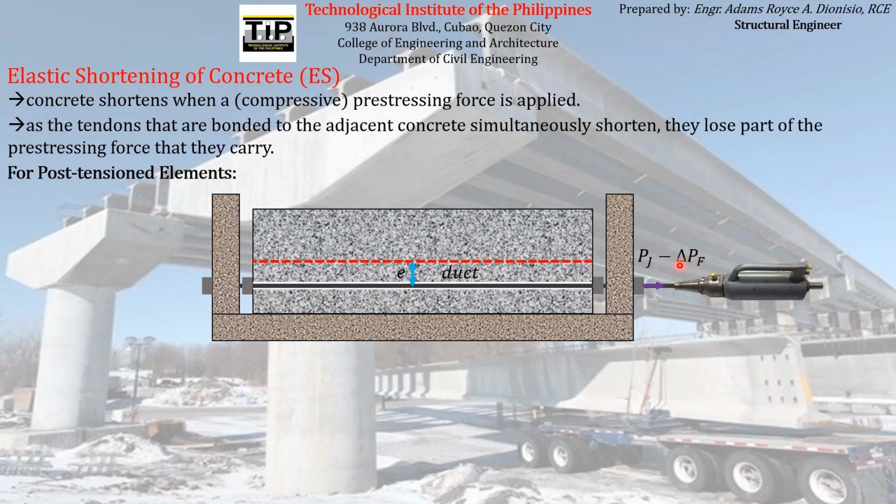along with that pre-stress loss, at this particular stage of pre-stressing for post-tension elements, there is actually another pre-stress loss that the pre-stressing reinforcement experiences, and that is the pre-stress loss due to elastic shortening of the concrete as the hydraulic jack pulls the pre-stressing reinforcement during jacking operations.